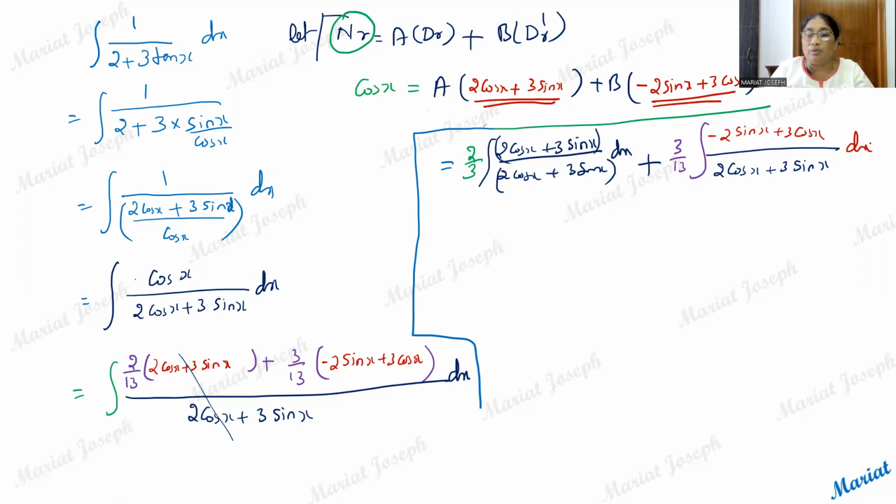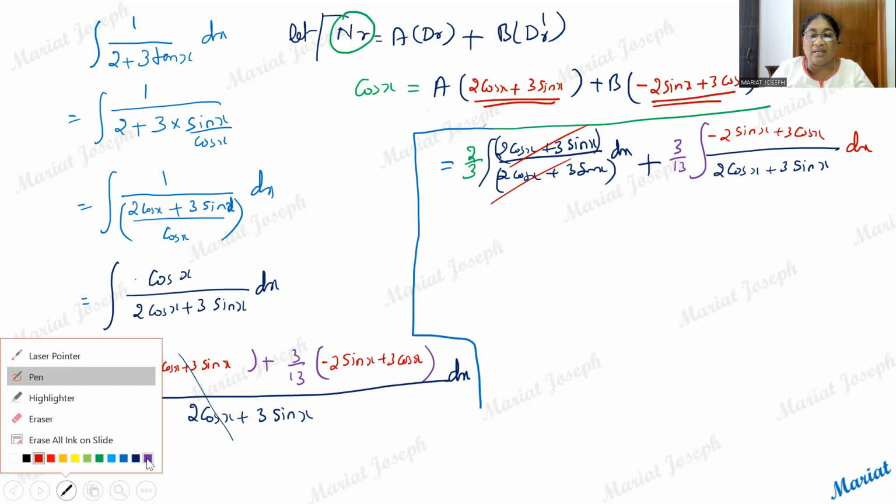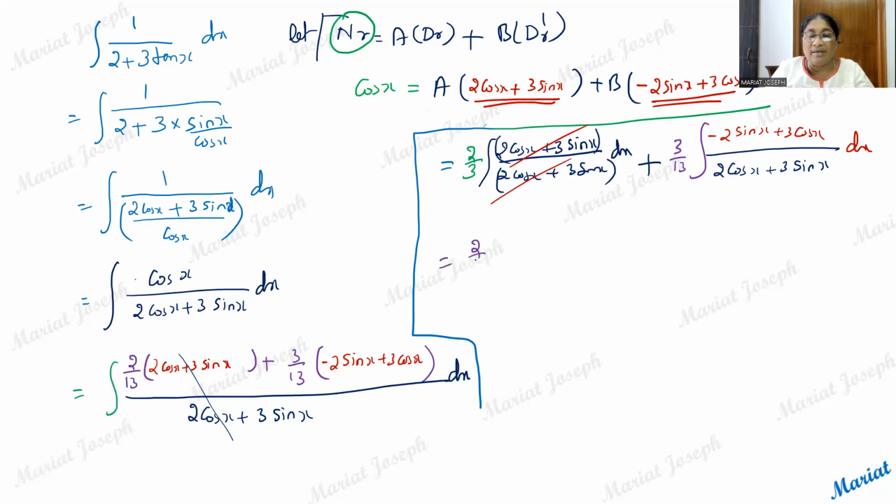Why did we do so? It is so that in the first one this gets cancelled. So we can directly write it as 2 by 13 integral 1 dx plus 3 by 13.